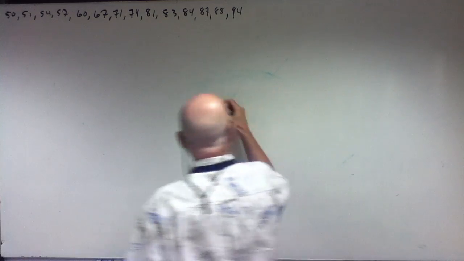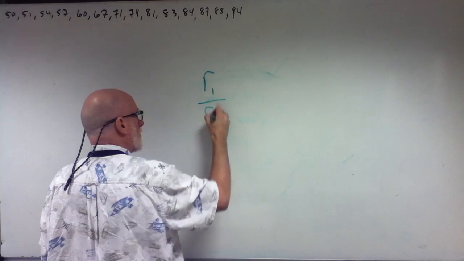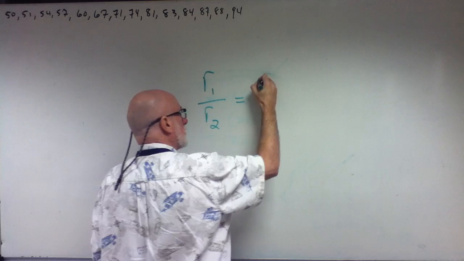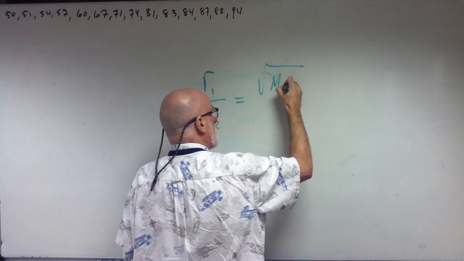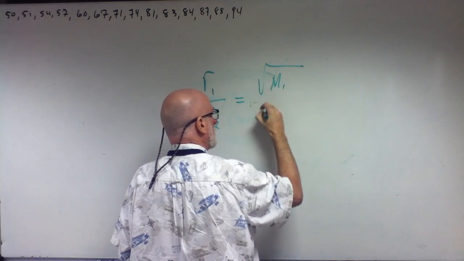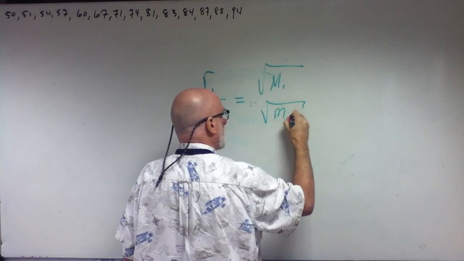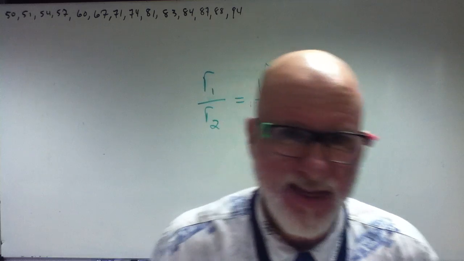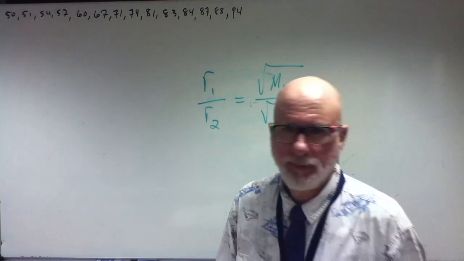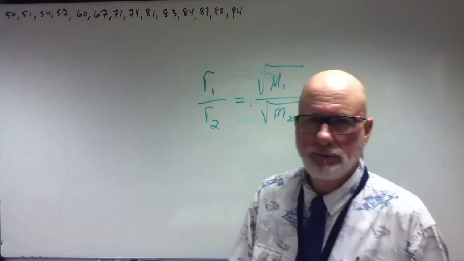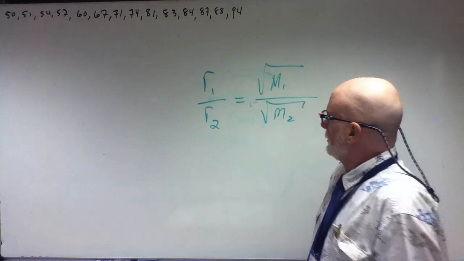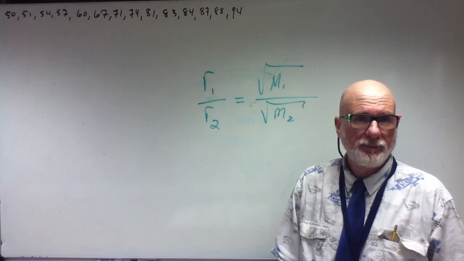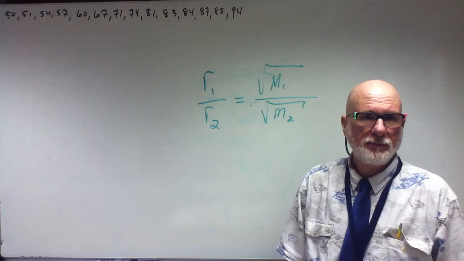So you know that rate 1 over rate 2 equals the square root of M1 over M2, right? Shall I give you a hint? This will be on your test. In the book it says the square root of those that are both in the same square.